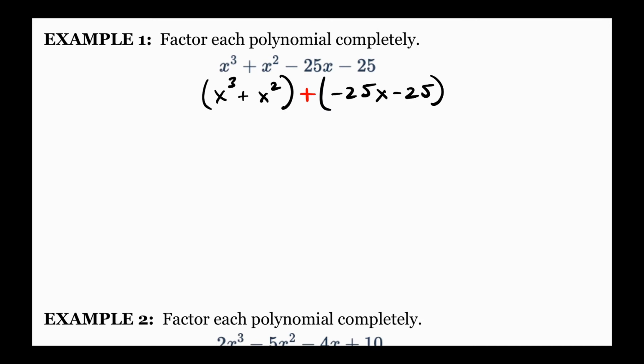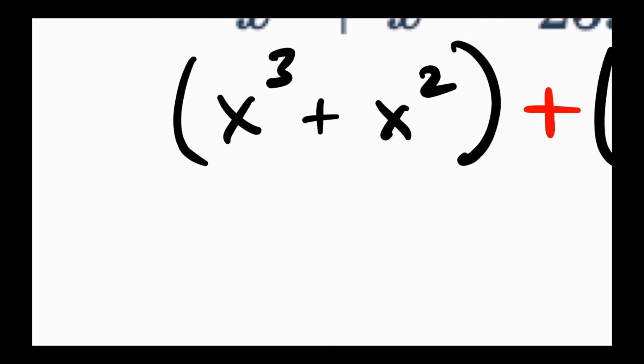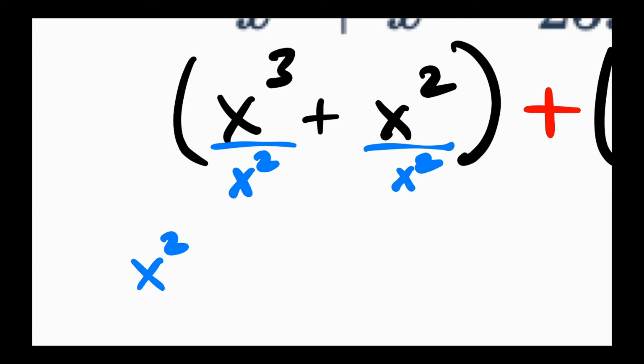So let's look at the first smaller group. What can I divide them both by now? X squared, right? Now I can divide them both by x squared. Good. So GCF always goes out in front. When I do that, what's left over?